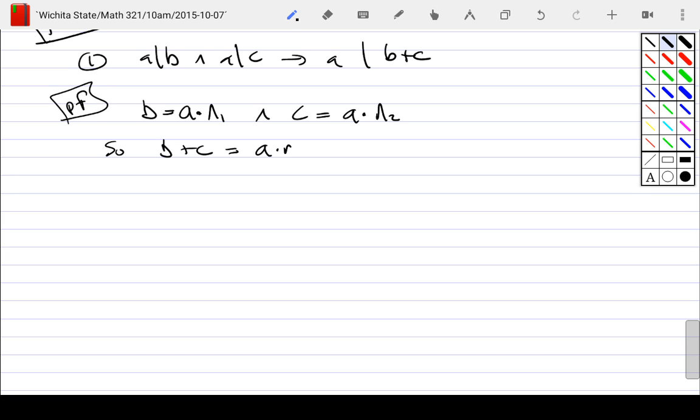It's equal to A times N1. What's C? A times N2. Common factor? A. So I can use algebra again, which is the actual distribution law, right? But what's an int plus an int? An int. So is B plus C A times an int? So is A a factor of B plus C? Yeah. So that just simply means A divides B plus C. So we're done.